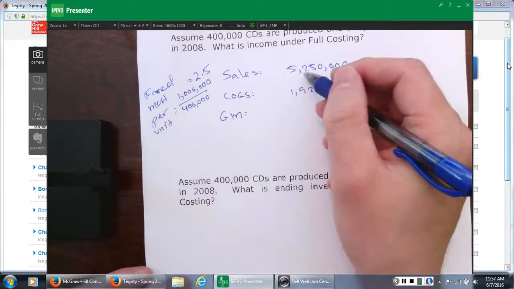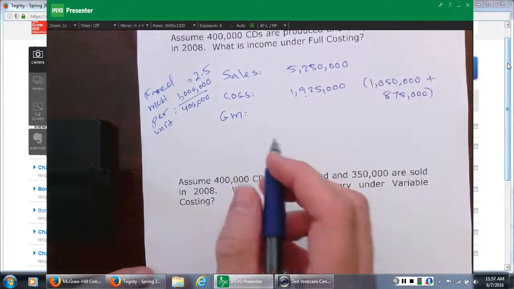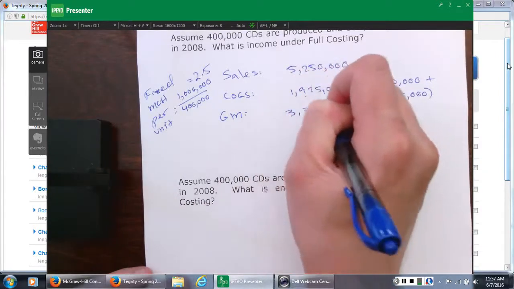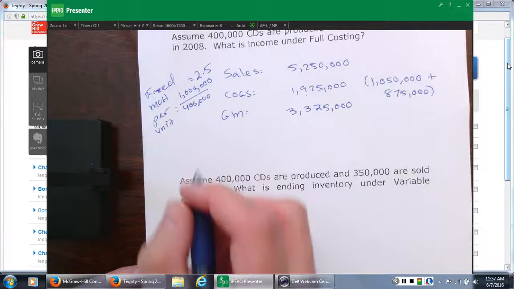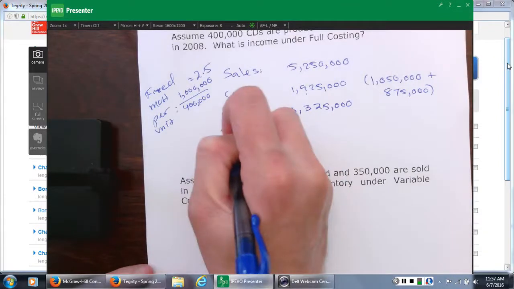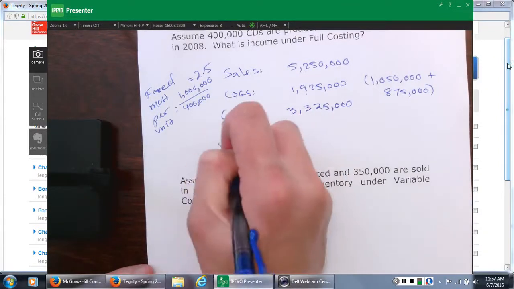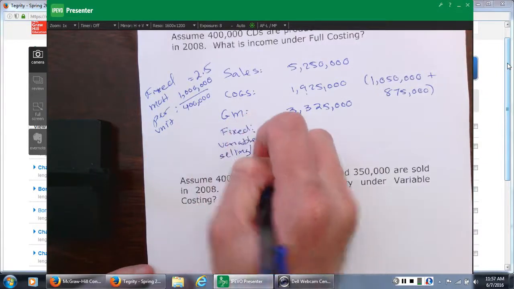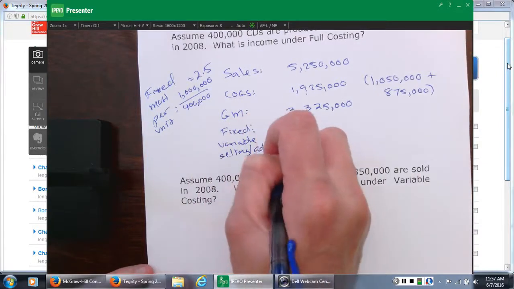So then what I have is my gross margin. I take my sales minus my cost of goods sold to give me my gross margin, also known as my gross profit, which gives me 3,325,000. Then I subtract out my selling and admin expenses.